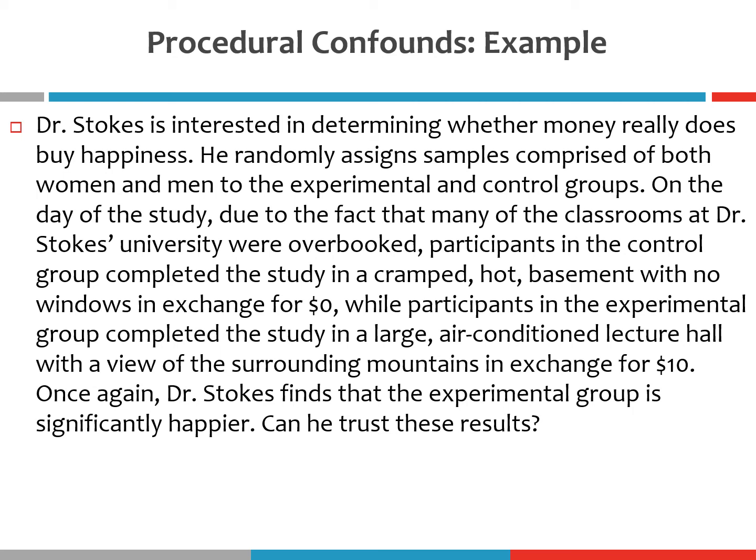On the day of the study, due to the fact that many of the classrooms at Dr. Stokes' University were overbooked, participants in the control group completed the study in a cramped, hot basement with no windows in exchange for $0, while participants in the experimental group completed the study in a large air-conditioned lecture hall with a view of the surrounding mountains in exchange for $10. Once again, Dr. Stokes finds that the experimental group is significantly happier. Can he trust these results, right?